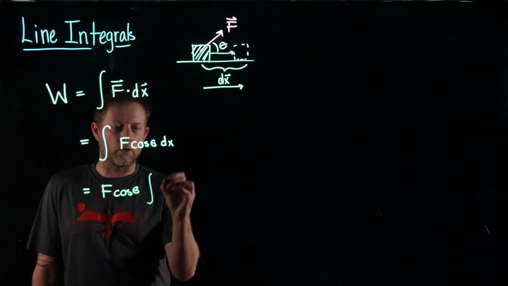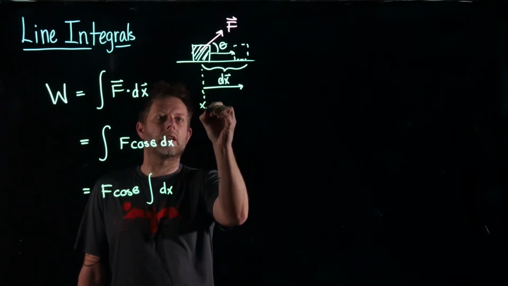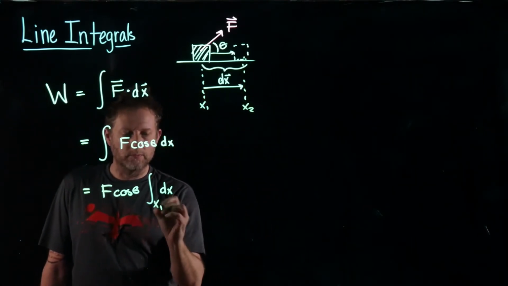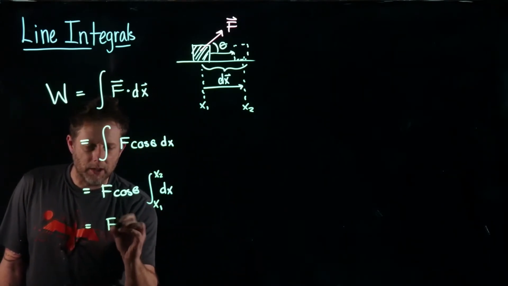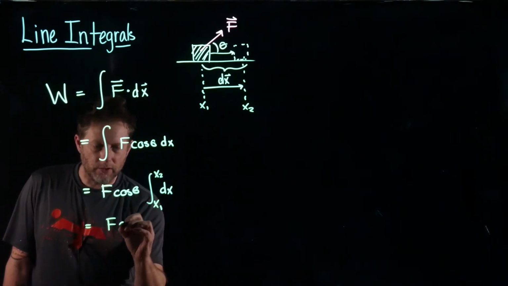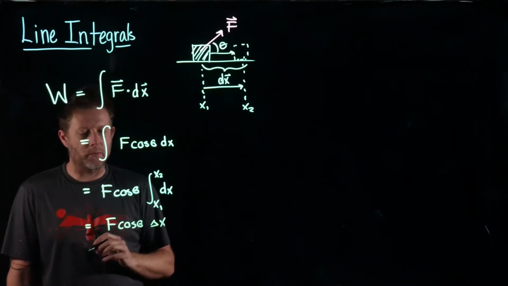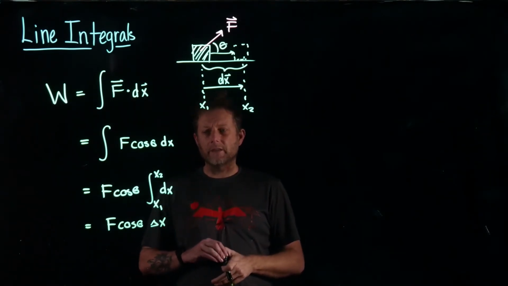And we're integrating over the displacement, let's say going from some position x1 to some new position x2, so our limits of integration are x1 and x2. So that simply becomes the force times cosine theta times whatever displacement we may have. So that is the work we're seeing in physics 1.